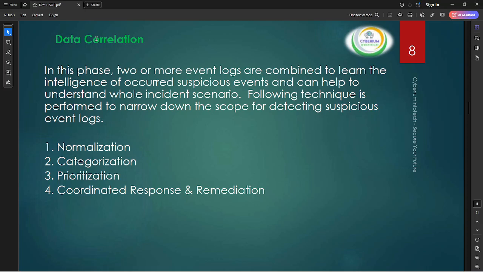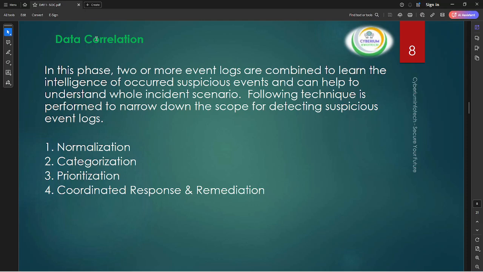So data correlation means in this phase, two or more event logs are combined to learn the intelligence of an occurred suspicious event and can help to understand the whole incident scenario. The following techniques are performed to narrow down the scope for detecting suspicious event logs, and it goes through certain steps to correlate. First one, normalization.